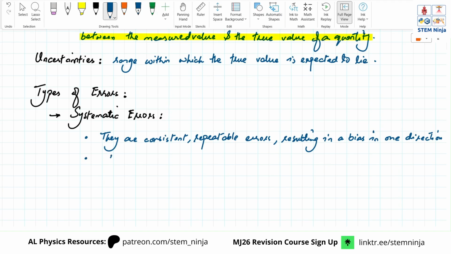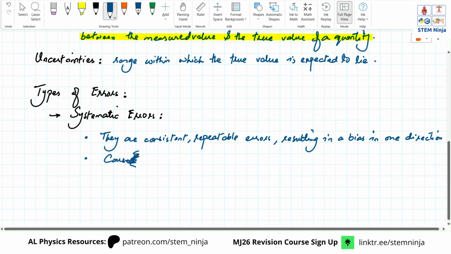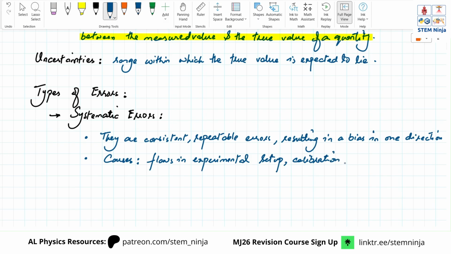Now, how are they caused? Probable causes: it could be due to flaws in the experimental setup, calibration errors, or the method.